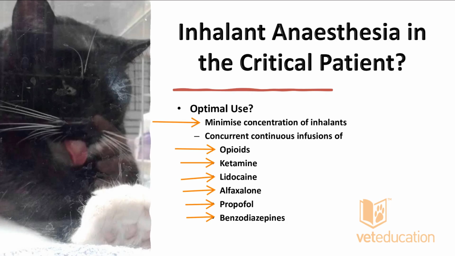So in a liver patient, we probably want to try to keep the use of all of these to a minimum and maybe use slightly higher concentrations of inhalants, and then it's a very fine balancing act of using inhalant anesthesia to keep my patient asleep and to minimize hypotension in my patient by using low doses of ketamine and lignocaine, maybe some opioids as well.